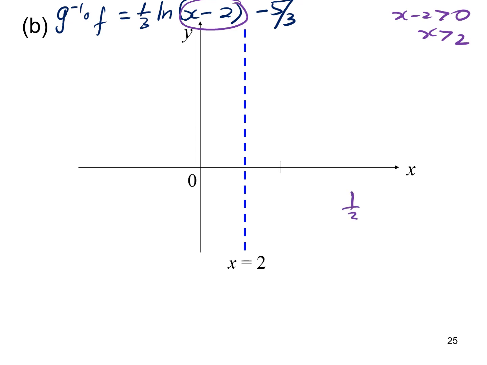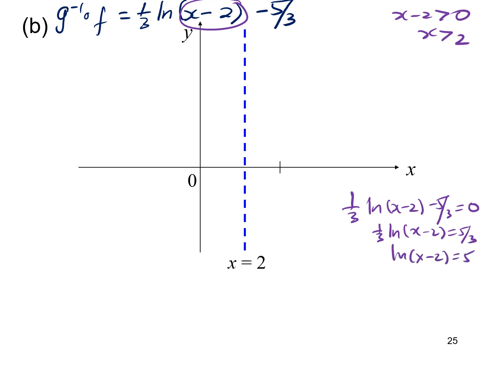So we have 1 over 3 ln(x minus 2) minus 5 over 3 equal to 0. So 1 over 3 ln(x minus 2) is 5 over 3, so you get ln(x minus 2) equals 5. And then x minus 2 equals e to the power of 5, so x equals e to the power of 5 plus 2.